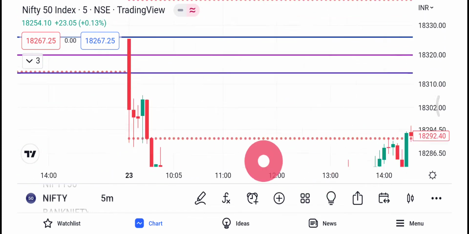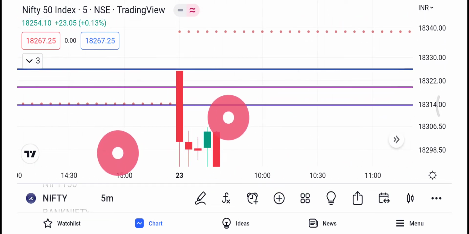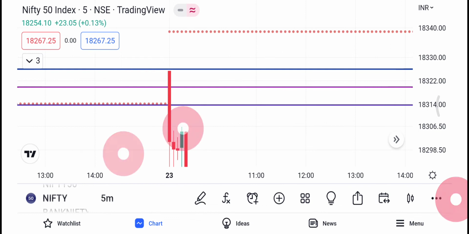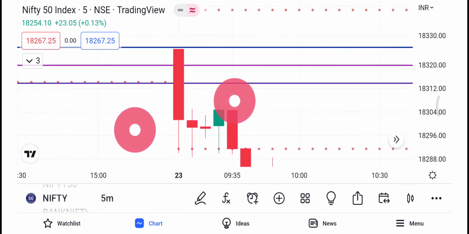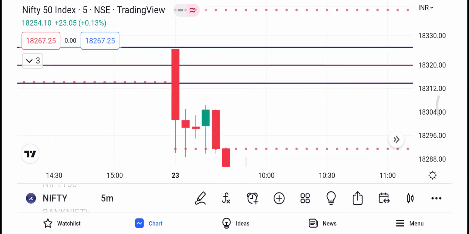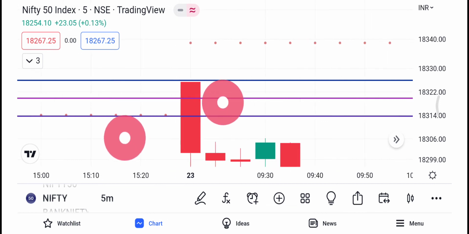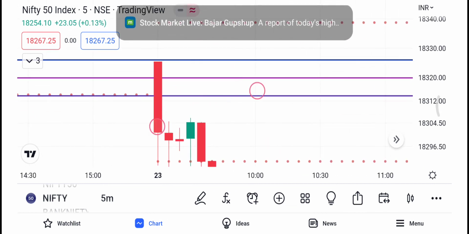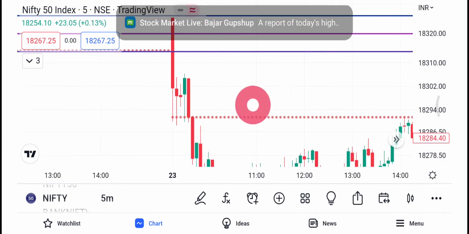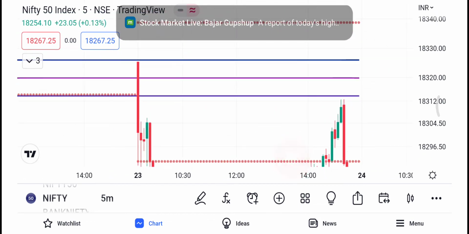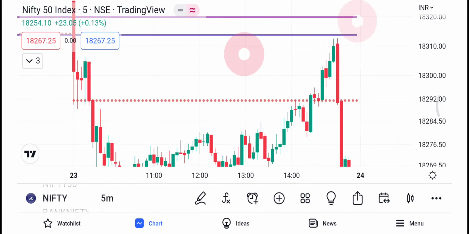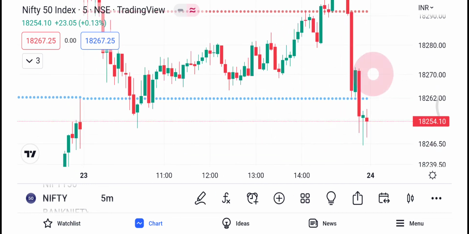You can clearly see the first candle, even though it faced resistance from this weekly CPR, didn't exactly originate from the bottom weekly CPR. The half candle was inside this weekly CPR. So that is the reason the market reversed, and again this support acted as a resistance, and again it crashed from the region.